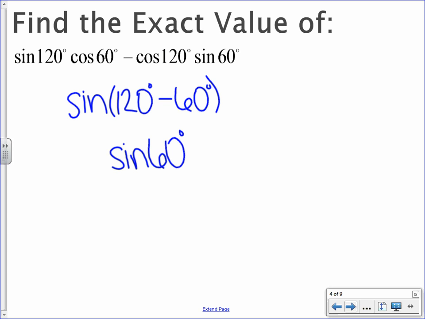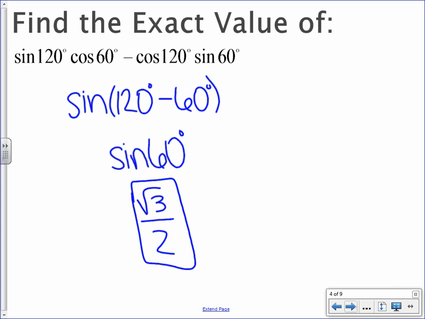And Kyler, what is the sine of 60 degrees? Yes. So how do we get to sine of 120 minus 60? How do we put out the cosine?